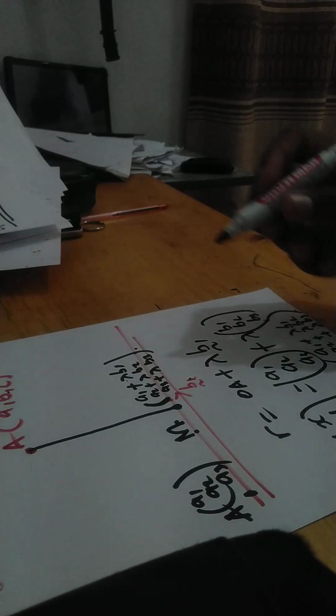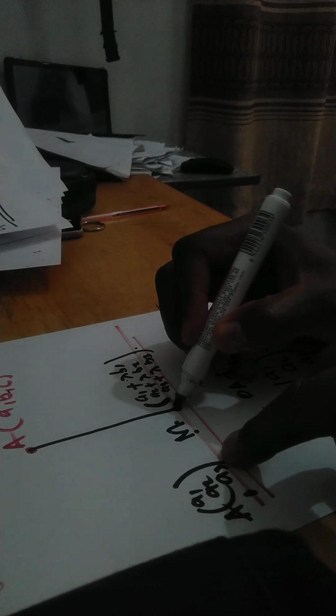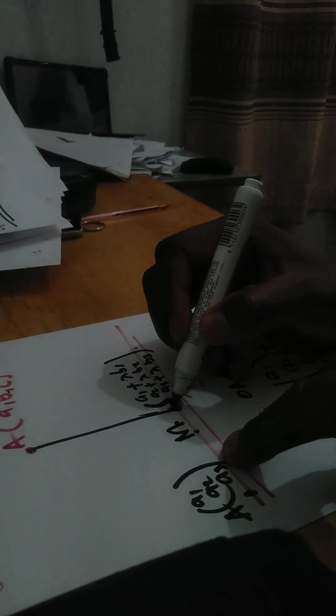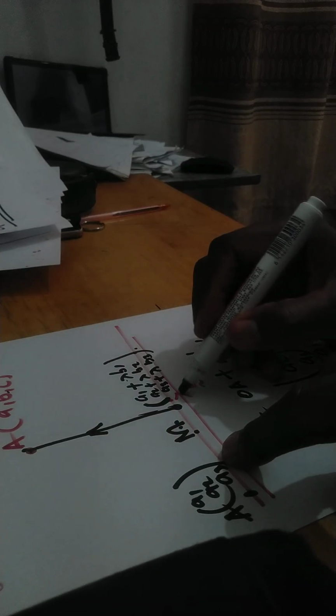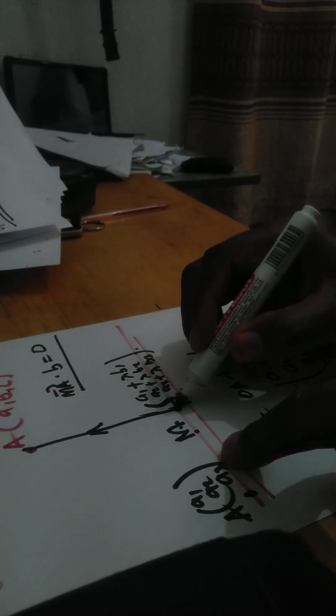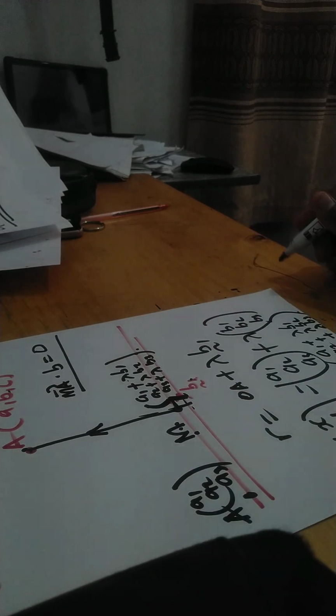Now what I need to do is get the direction vector of this line MA. If I get the direction vector of MA and dot it with B, I will get 0, because these two are at an angle of 90.